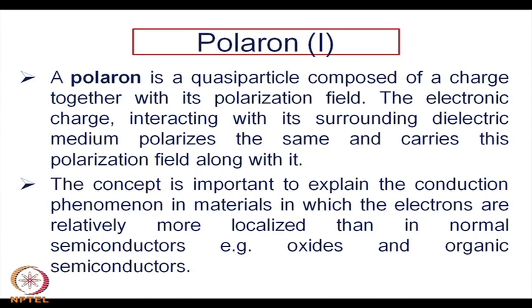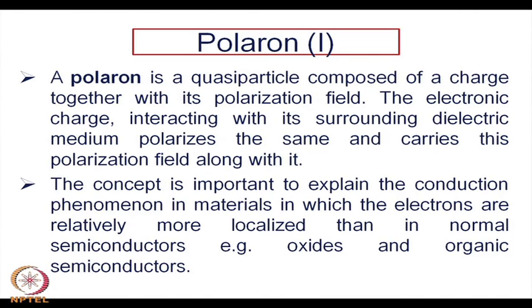The electronic charge interacts with its surrounding dielectric medium, because it is relatively less conducting, polarizes the same and carries this polarization field along with it. So, it is basically a combination of a charge along with its polarization field.